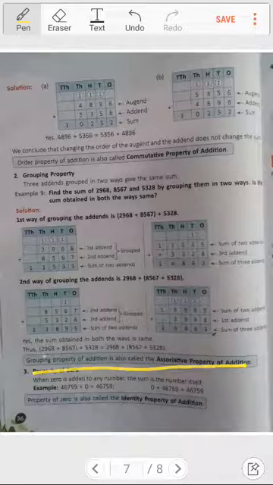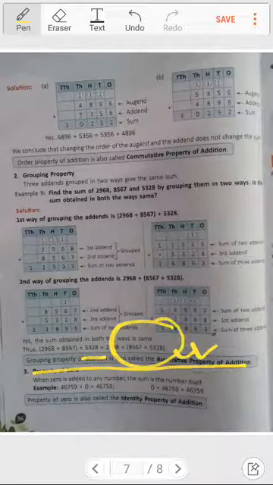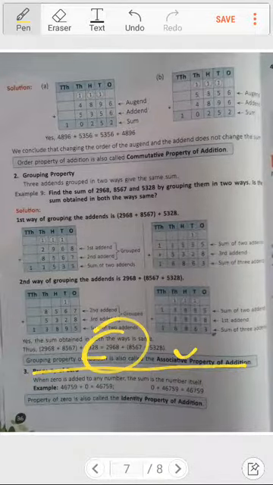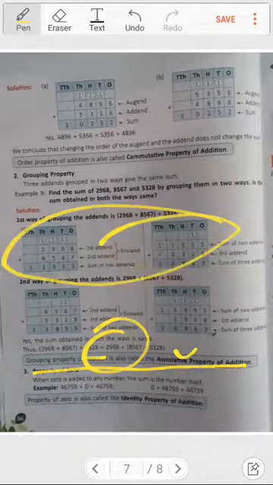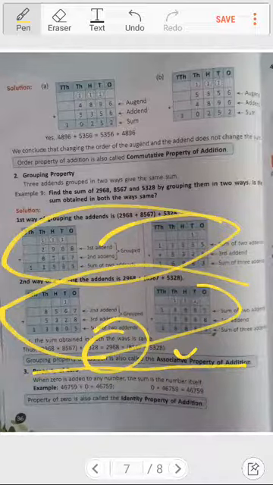You can see at first these 2 are added, bracket means work is done first, okay, and then 5328 is added. And in the other case, these 2 are added first, and then 2968 is added. In both cases, the answer came the same.